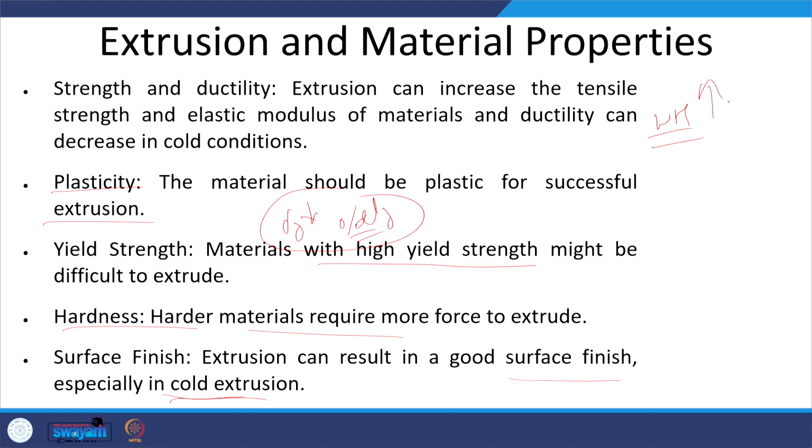Whenever there is work hardening, there will be an increase of yield strength and a reduction in ductility, percentage elongation. So, the extruded component can show an increase in tensile strength and modulus of elasticity, but the ductility can be compromised under cold conditions. Sometimes even hot extrusion offers reasonably good properties because of the refinement of the grain structure or a particular orientation of the grains in a particular direction.